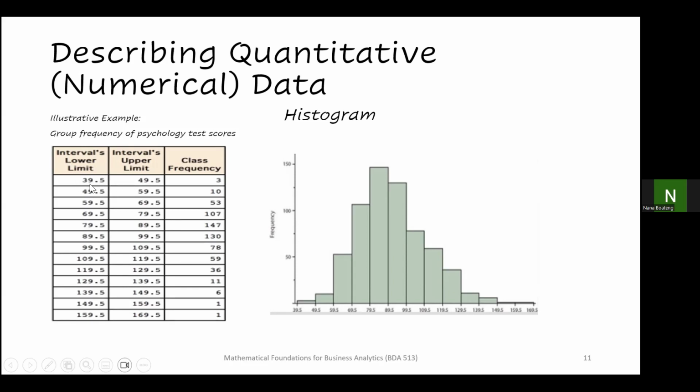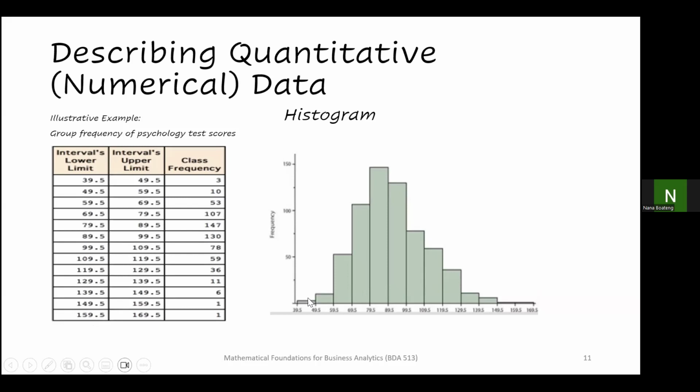Between 39.5 and 49.5, we have 3 observations within this group. And then 49.5 to 59.5, we have 10 observations within this group. Up to 159.5 and 169.5, we have 1 observation in this group.